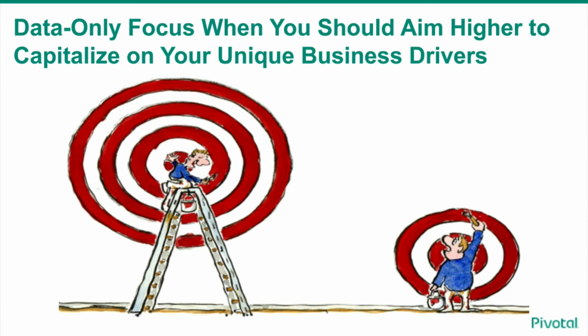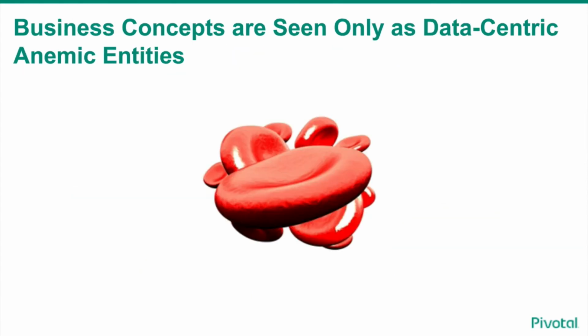So I think that developers should really aim higher and be more focused on the business, and this will prevent efforts from turning into a data-centric approach that leads to anemic domain model, anemic entities where, again, data is the focus, and for all practical purposes, the domain model just becomes a way to cart data back and forth from the database to the application to the database.